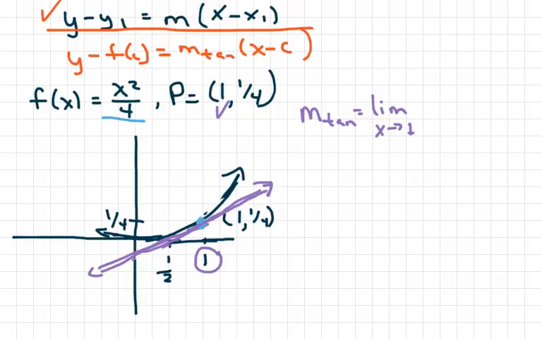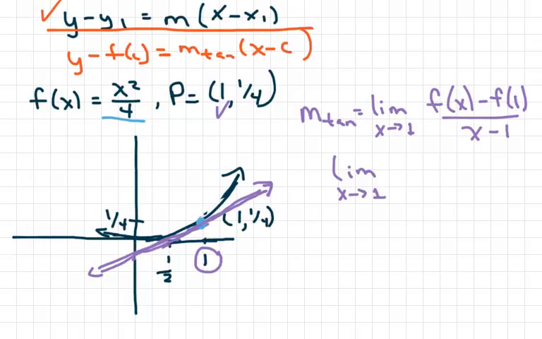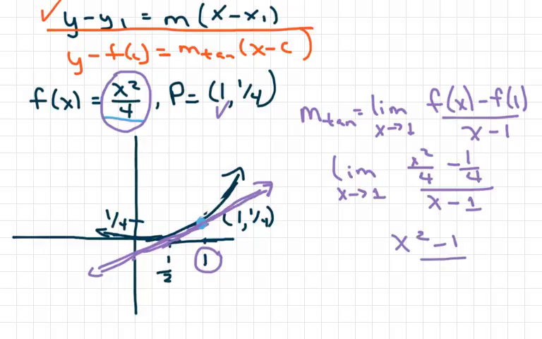So the equation is f of x minus f of 1, that's your c portion, over x minus 1, and that's the limit as x approaches 1. f of x is x squared over 4, and minus, you plug in 1 in this equation and you get 1/4, all over x minus 1.